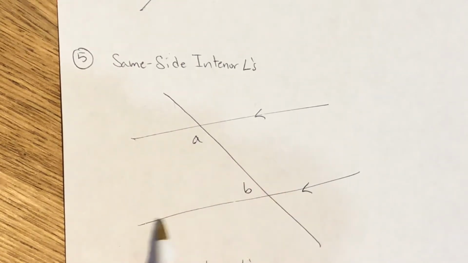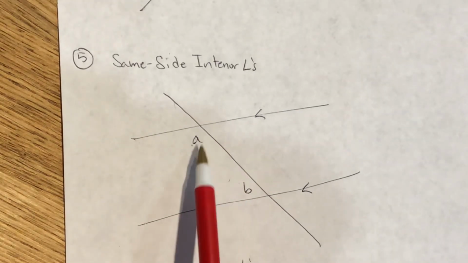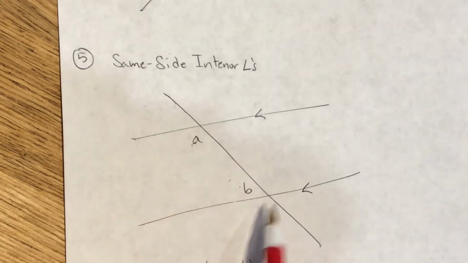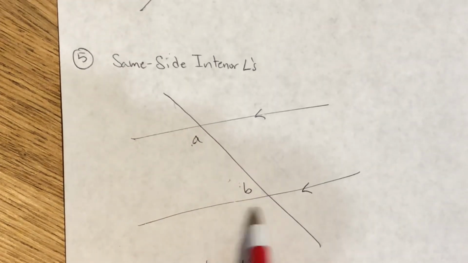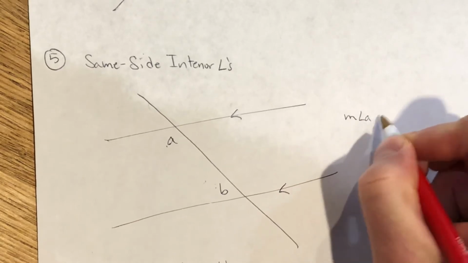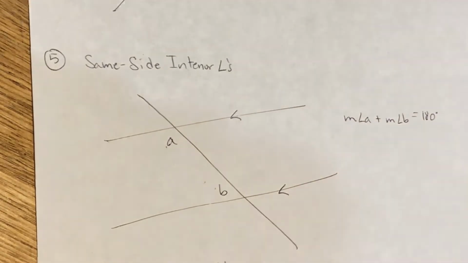And because the intersected segments are parallel, the mathematical relationship between these angles is that they're not congruent to each other, because if you look, this one's obtuse, it's more than 90, and visually this one's acute, it's less than 90, so they can't be congruent. They're going to be supplementary. So we could say that the measure of angle A plus the measure of angle B equals 180 degrees.